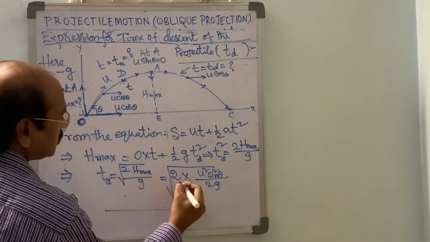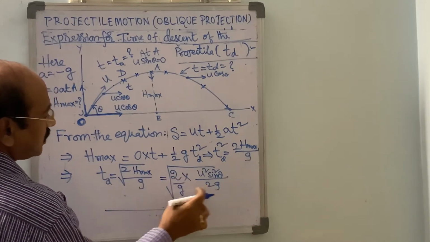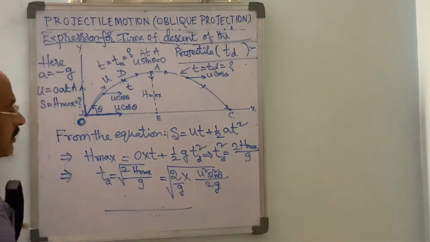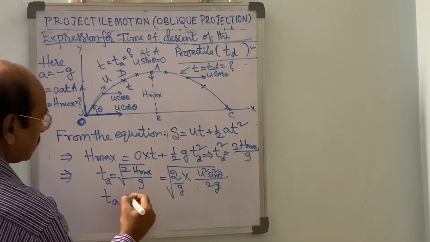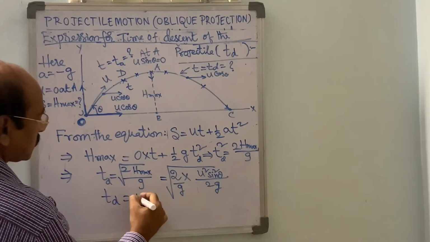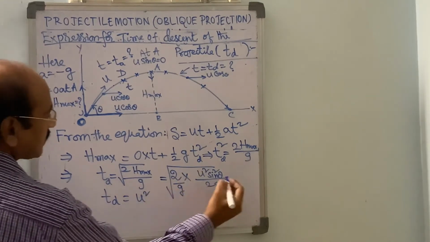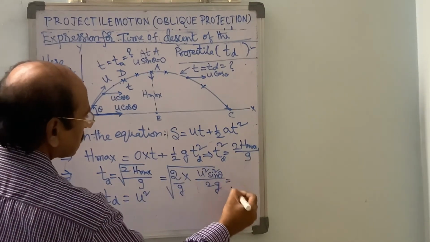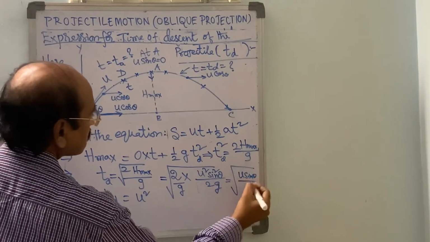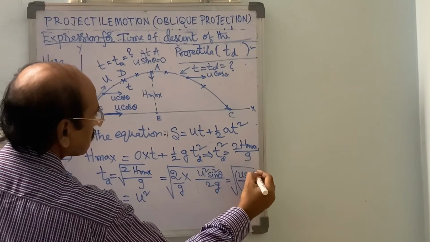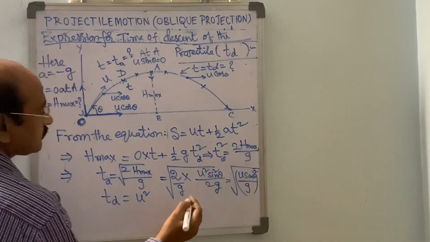The 2 gets cancelled, and since this has a root, we can write this as a whole square.